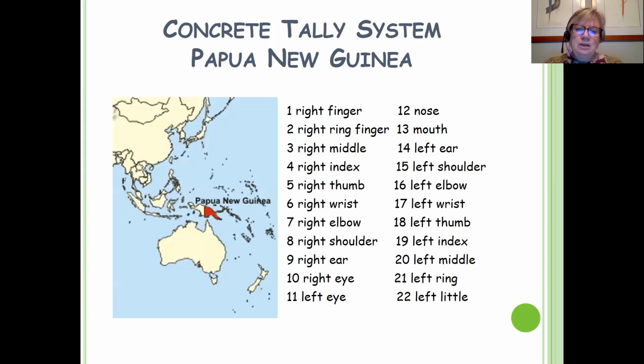There are civilizations that use body parts to represent the number amounts. So in Papua New Guinea, which is an island just north of Australia, there are communities, and in Africa too, that do similar kinds of things, where if they wanted to say 5 of something, I own 5 dogs, I would use my right thumb instead of the word 5 and just say whatever the word is for dogs.